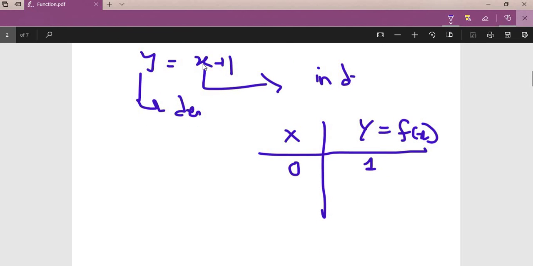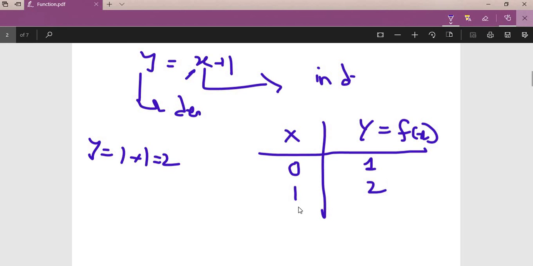If I put x is equal to 1, then 1 plus 1 is equal to 2, so the value of y is 2.